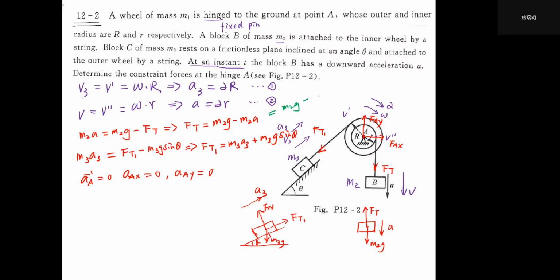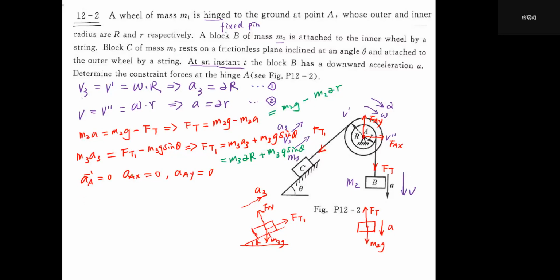So alpha R. And here we can also write a3 as alpha R plus m3 g sine theta. So here we can use the theorem of motion of the mass center.